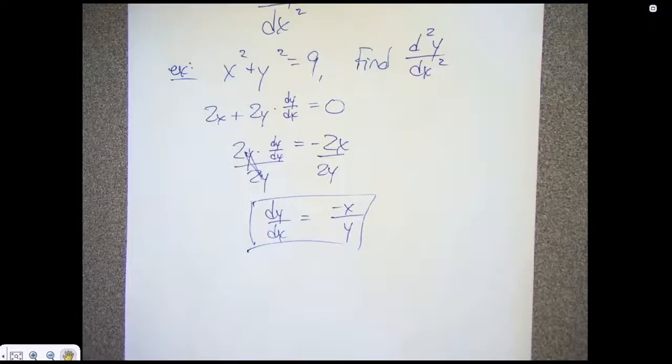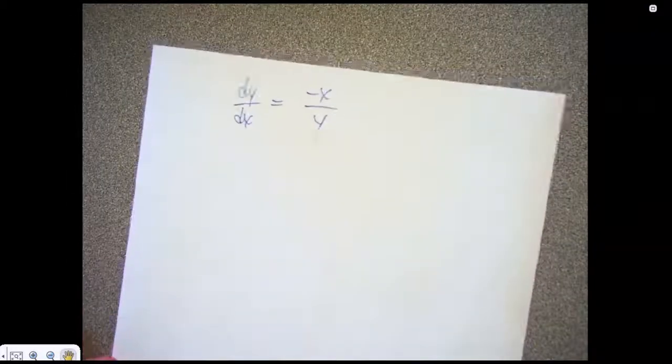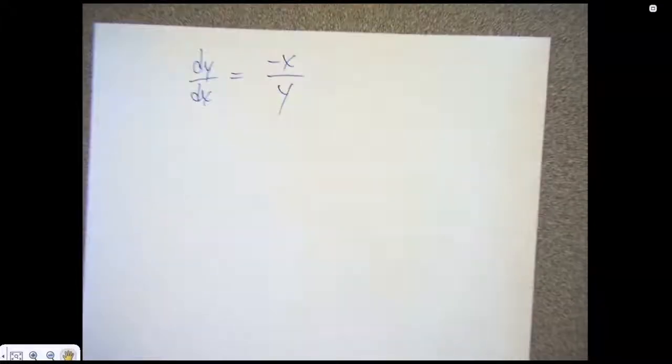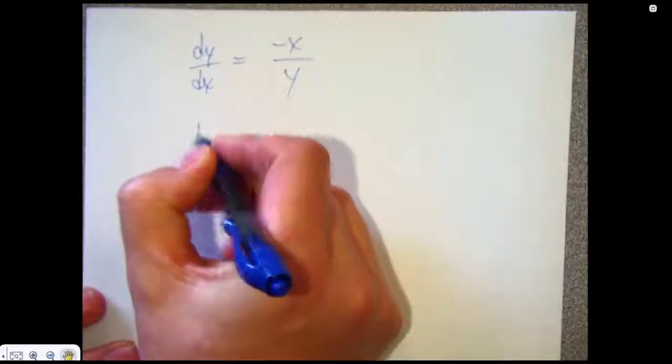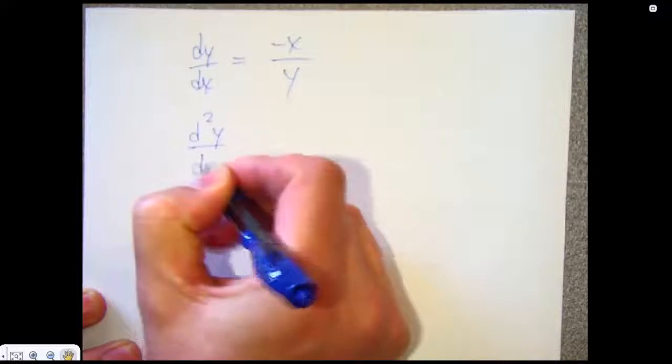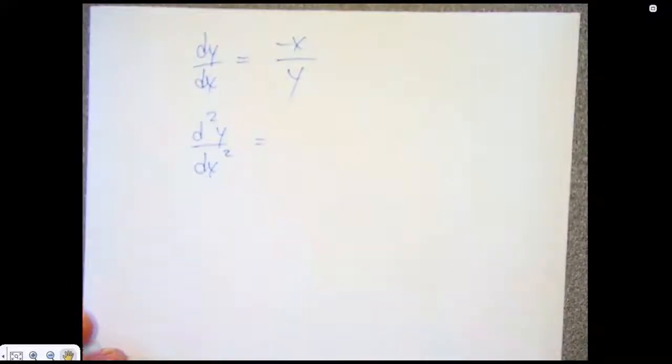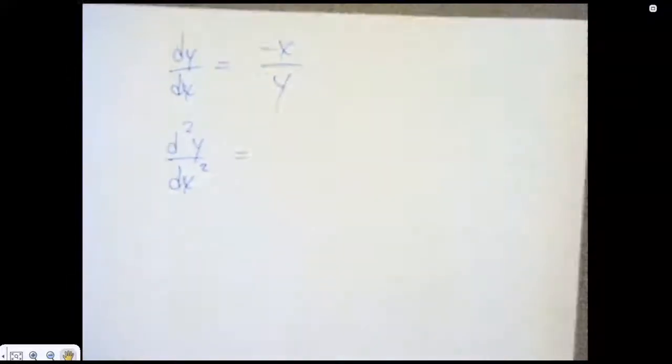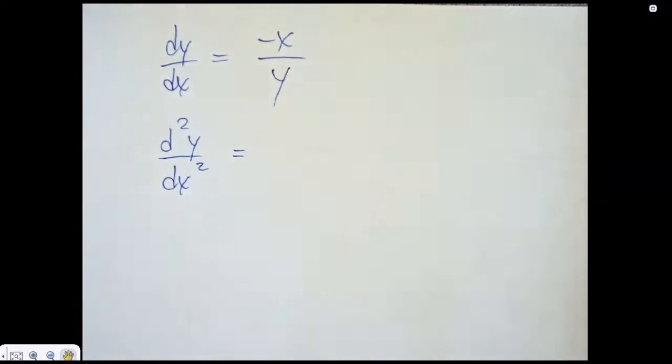We're good? Okay. So now when I take the derivative of this, the derivative of the left side is that d2y over dx2 thing. But what rule do I need for the derivative of the right side? I need quotient rule, and within the quotient rule I have implicit differentiation.